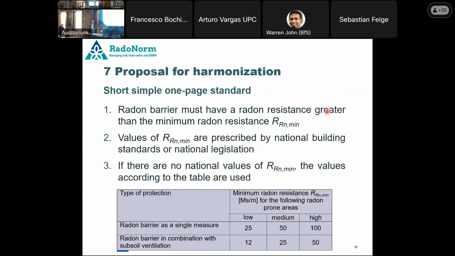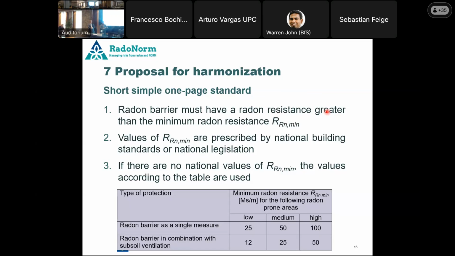And we have agreed on a very simple and very short, just one-page standard with 3 paragraphs, which are written here. The radon barrier must have a radon resistance greater than the minimum radon resistance value. The second paragraph: values of minimum radon resistance are prescribed by national building standards or national legislation.